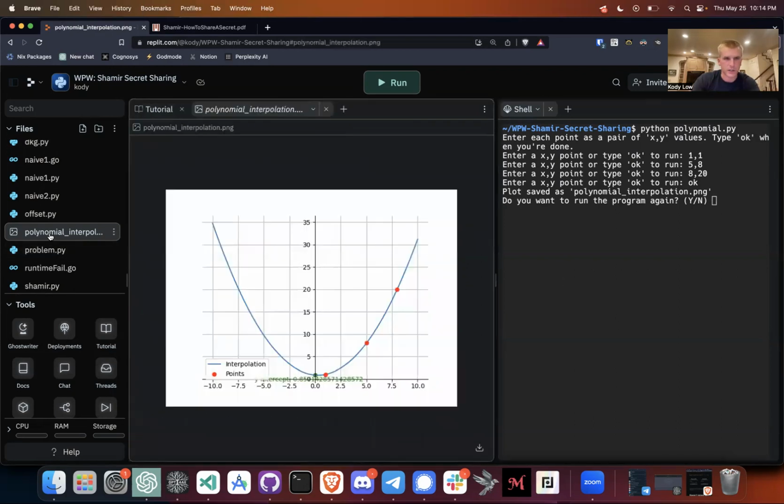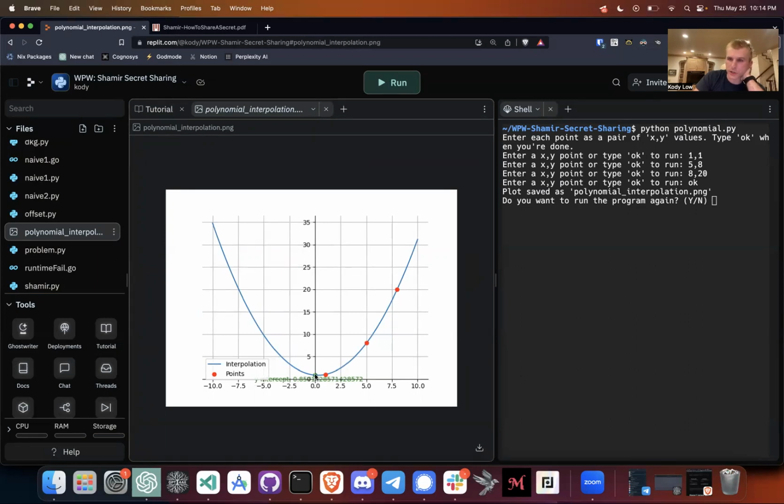And so in the one that I just built over here, with these 3 points, I can define one and only one polynomial of degree 2, so an x squared polynomial, that will go through all 3 of those points. And when I define that, it will intercept the y-axis at exactly 1 point. This is the secret, okay?